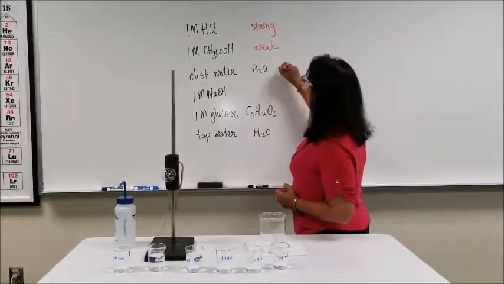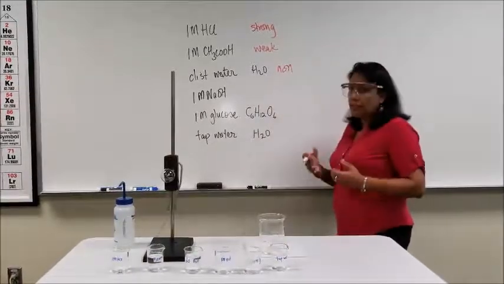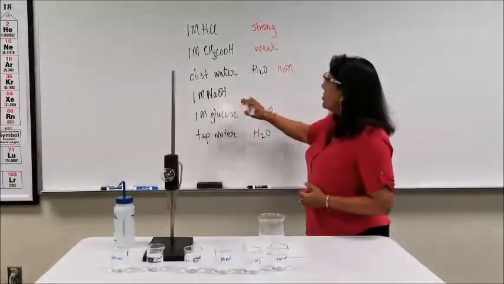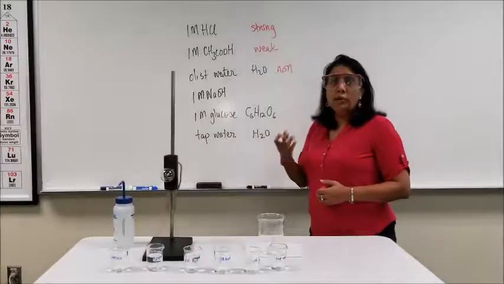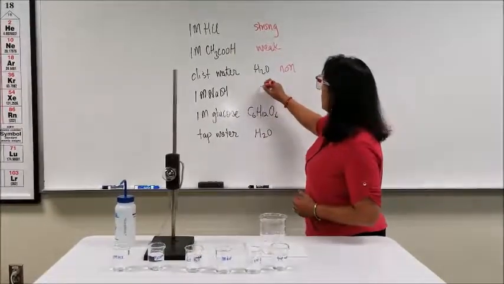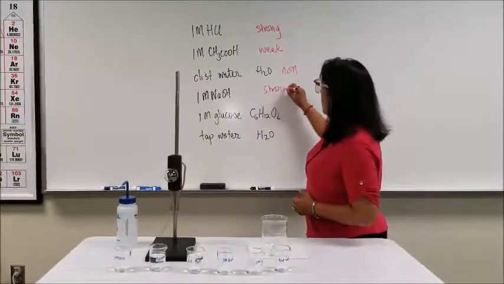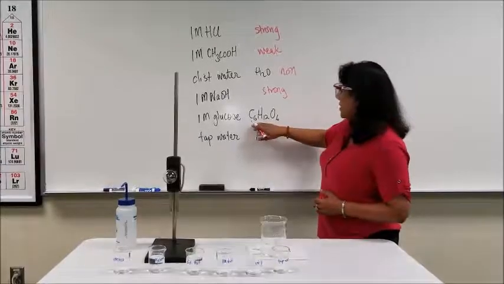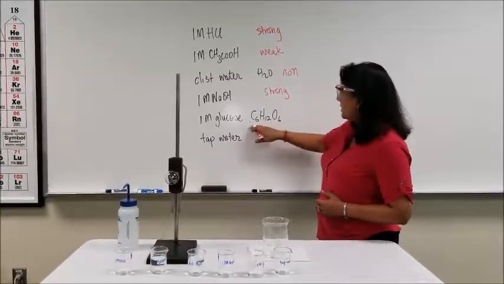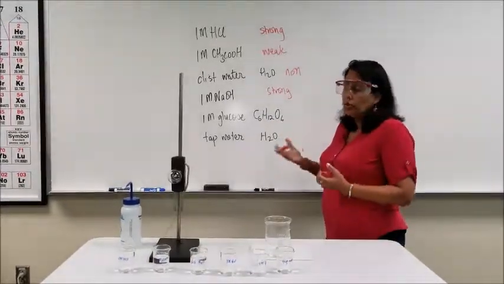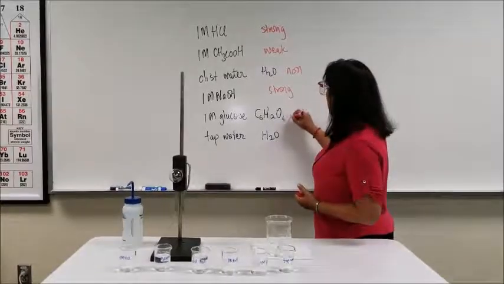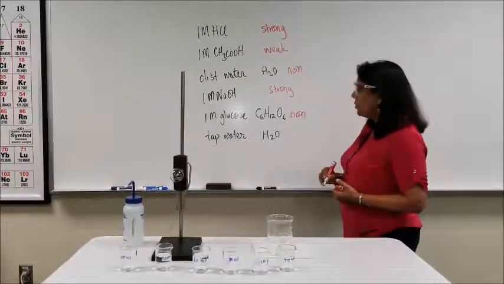The distilled water is supposed to be a non-electrolyte, and that's what pure water is like. Sodium hydroxide is an ionic compound, sodium and hydroxide, so this was a pretty good electrolyte. And then glucose, which is C6H12O6, is a covalent compound, so it's not supposed to be ionic, so this should be a non-electrolyte.